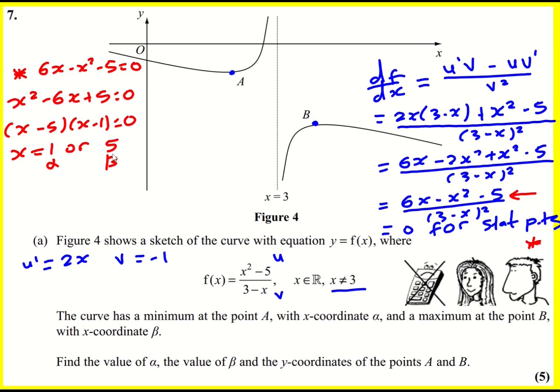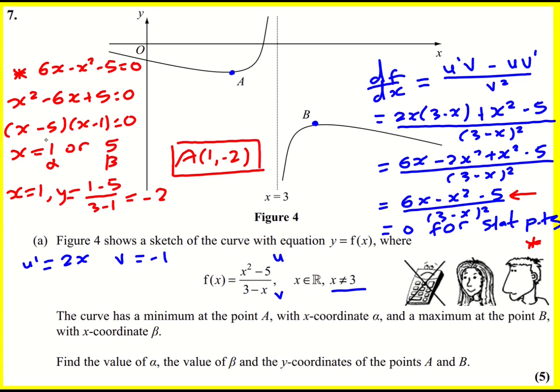And we want the y coordinates as well. So if x is equal to 1, then y is going to equal (1 minus 5) over (3 minus 1). That's minus 4 over 2, so minus 2. And therefore, A is going to be (1, minus 2).